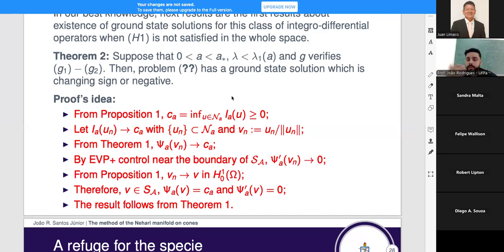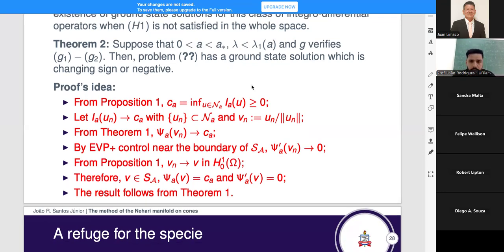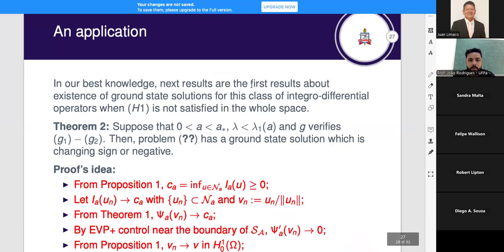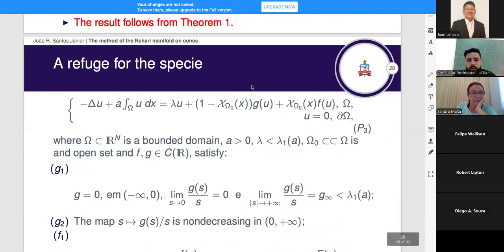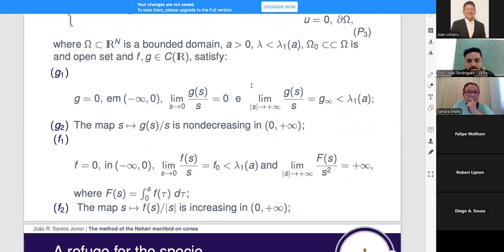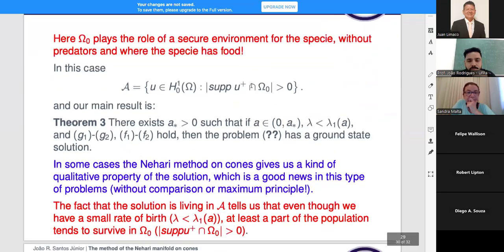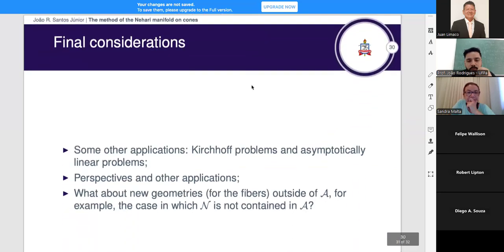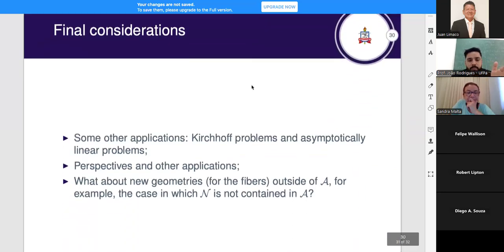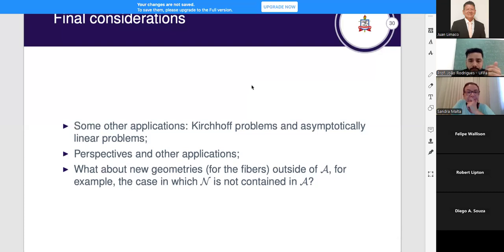In this work, we have presented many other applications, for example other kinds of problems, but I don't have time to present them here. To finish the presentation, let me say some words: we think that other applications are possible.